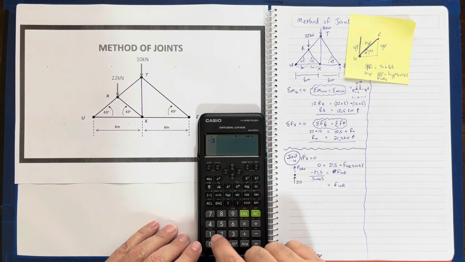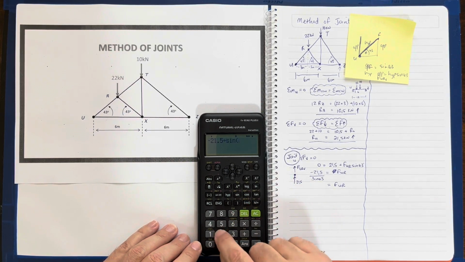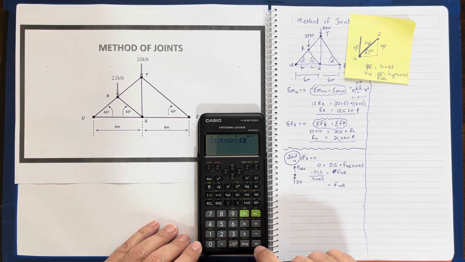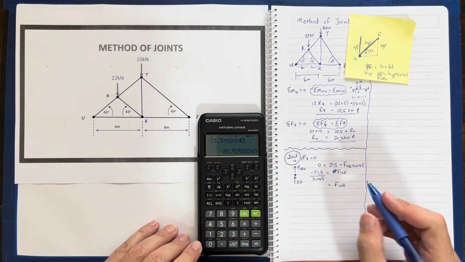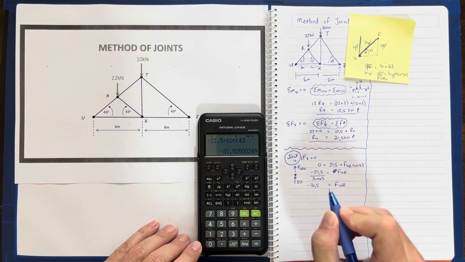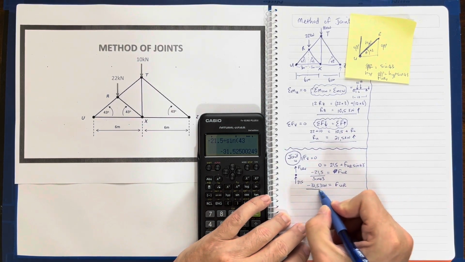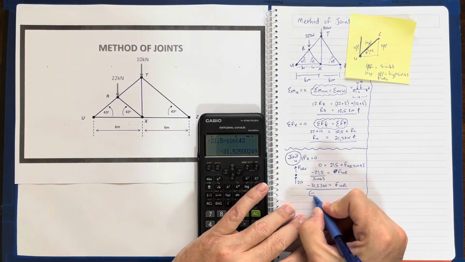Negative, for the sake of keeping it negative, because it's gone over there, divided by sine 43. And that is negative 31.5. I'm going to round it up to 3 kilonewtons. What that also tells me is that it's negative.